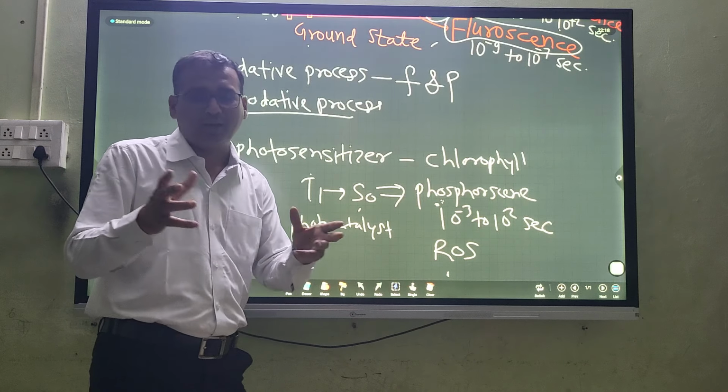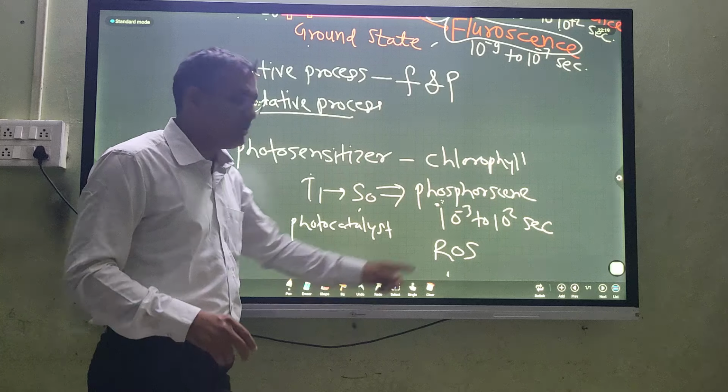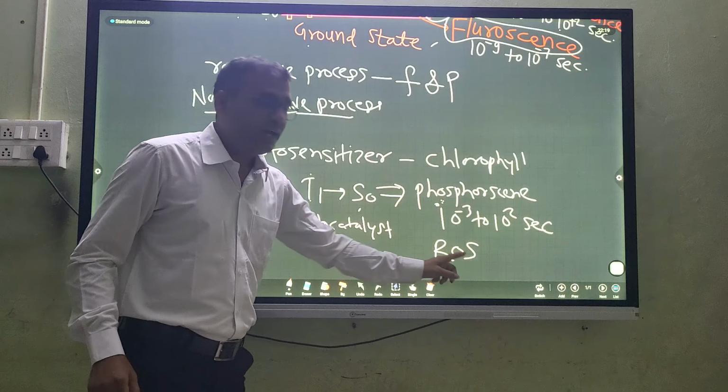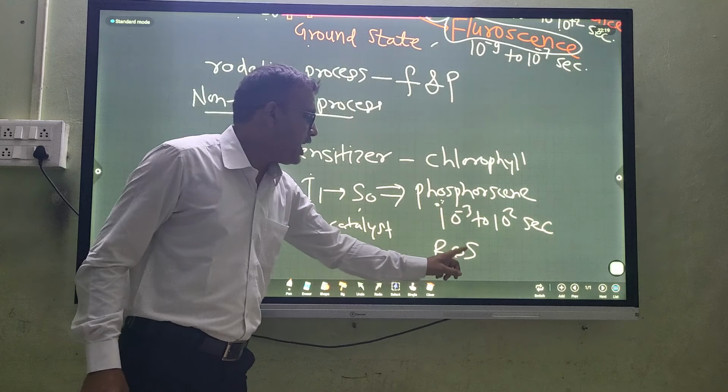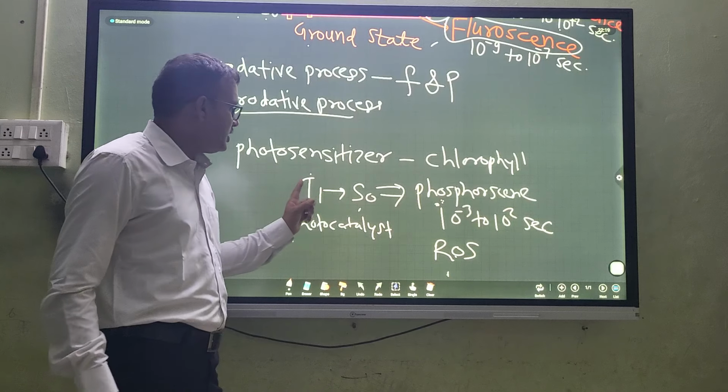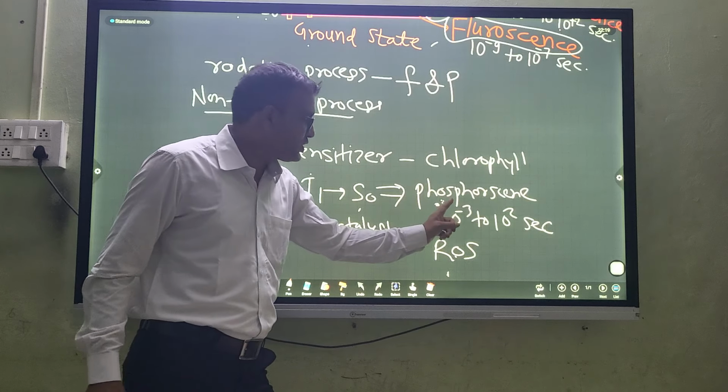Bacteria can also be killed by this ROS. Reactive oxygen species are generated in the phosphorescence process.